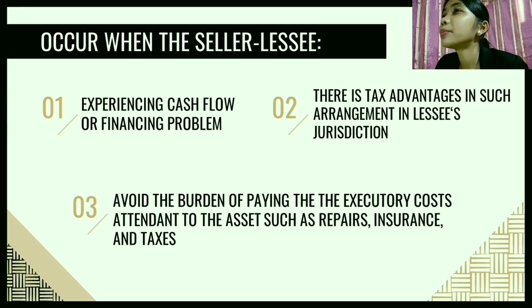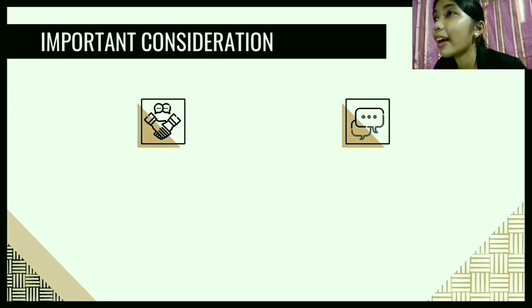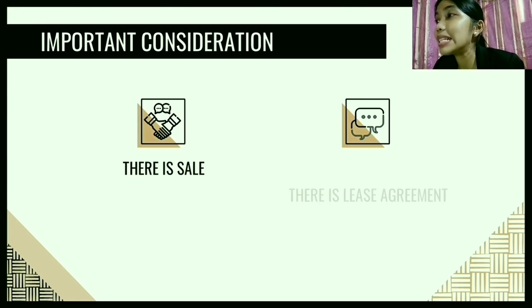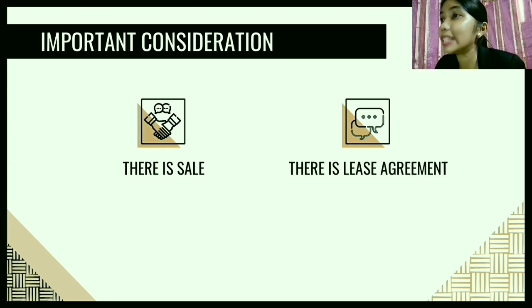So, in the next slide is the important consideration. Ito yung dapat nating tandaan para makonsider natin na ang isang transaction is a sale and leaseback. First is dapat meron po tayong sale and second is dapat meron po tayong lease agreement or meron po tayong lease.